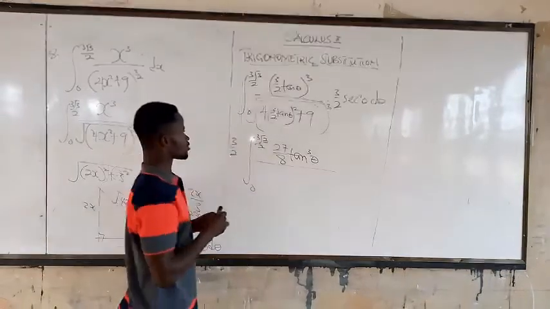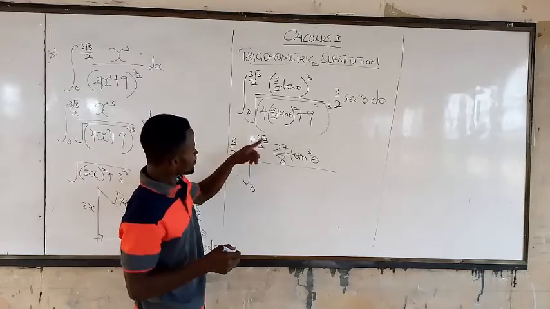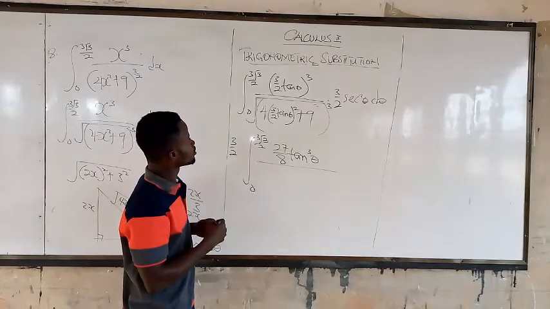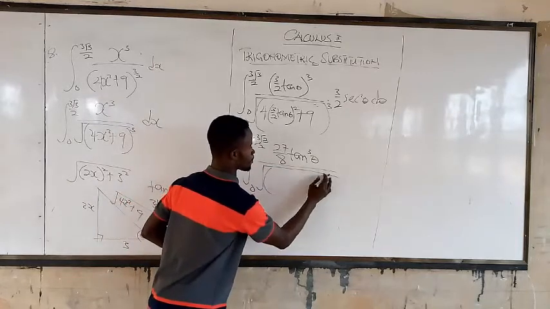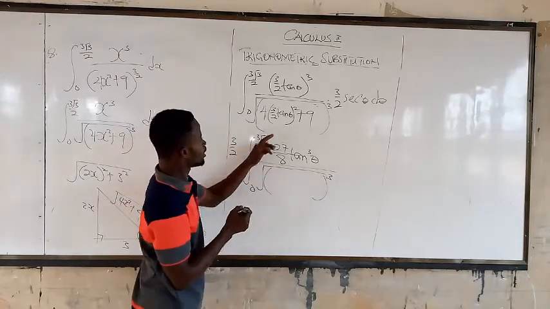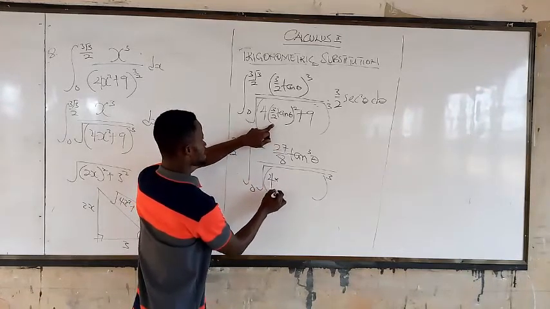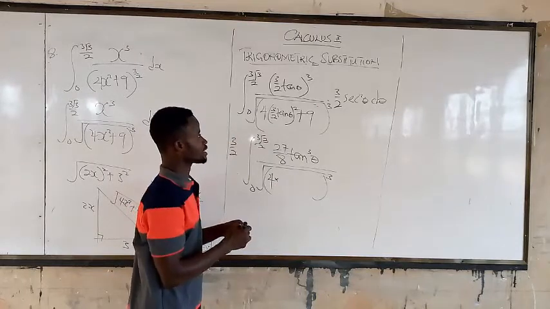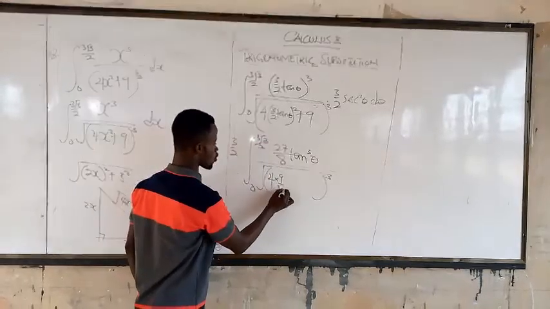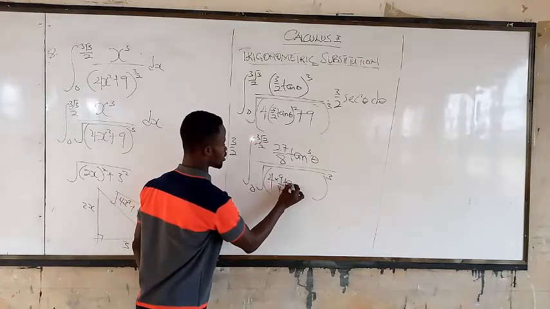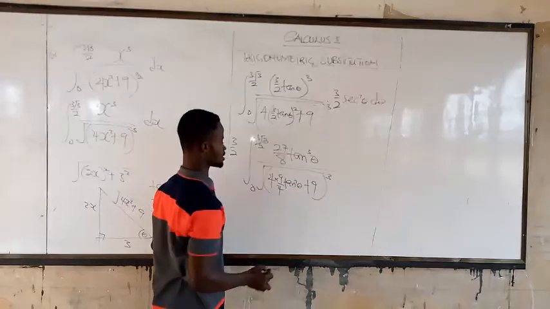All this over, now here, good, here we are going to have to the power 3, and the inside here we are going to have 4 times 9 over 4 tan squared theta plus 9.